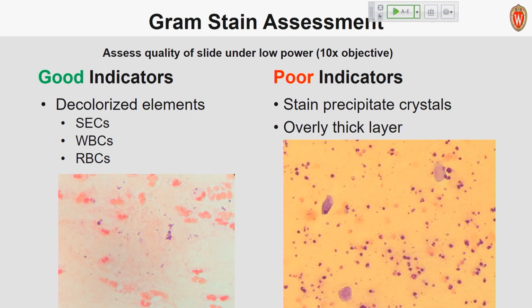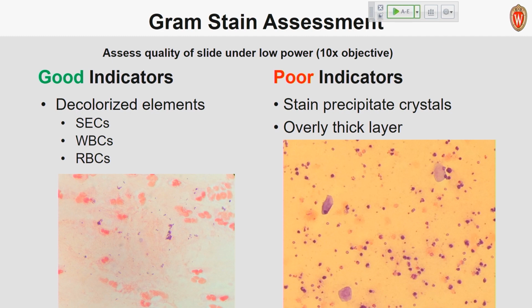Some of the good indicators you're looking for: you want to make sure things have appropriately decolorized. So squamous epis, white blood cells, red blood cells, none of those should really be retaining the crystal violet stain. Do we all know why? Everybody knows what crystal violet binds to, correct? Peptidoglycan, very heavy in the gram-positive organisms, yes.